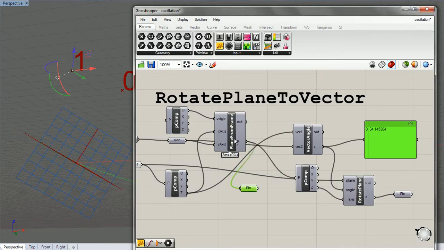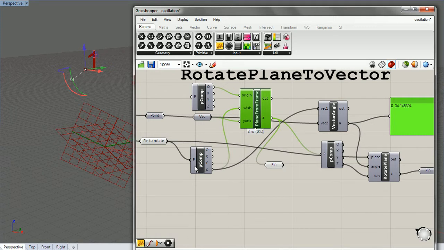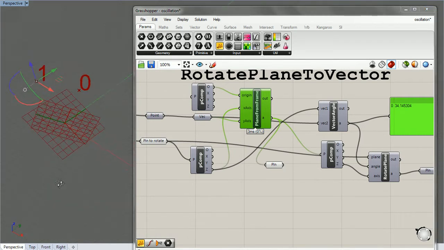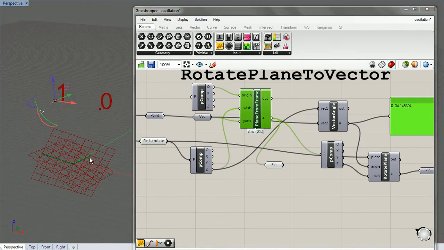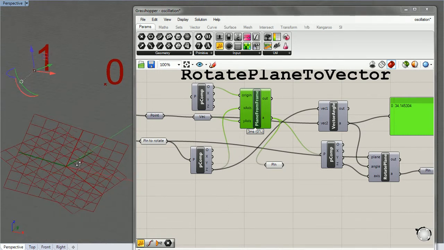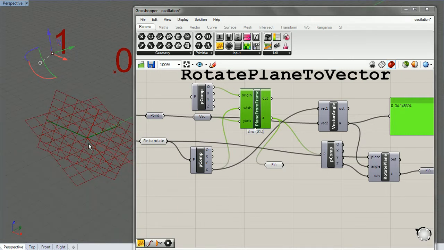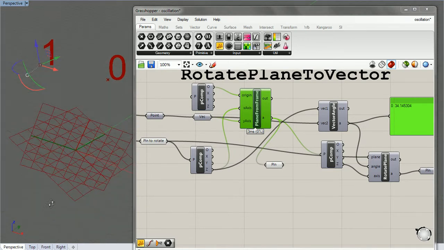Okay, so we get plane from frame. Origin is the world origin. X-axis is the z-axis of our first plane. So yeah, here's our first plane.